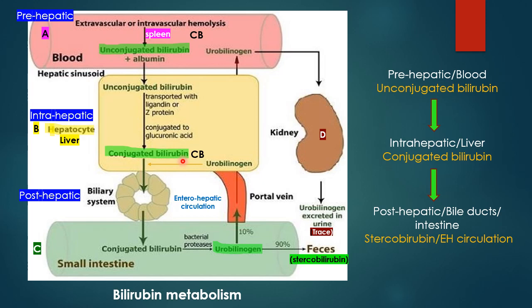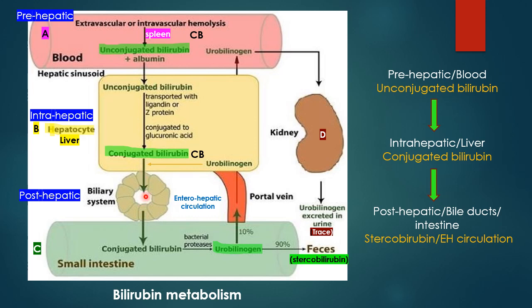Okay, and this is the intrahepatic phase, or the second phase of the metabolism. This conjugated bilirubin is water soluble and is excreted into the bile ducts, which carry the conjugated bilirubin to the small intestine, that is the second part of the duodenum.